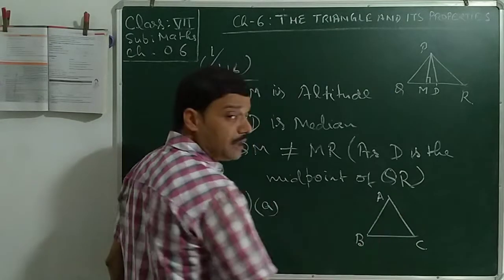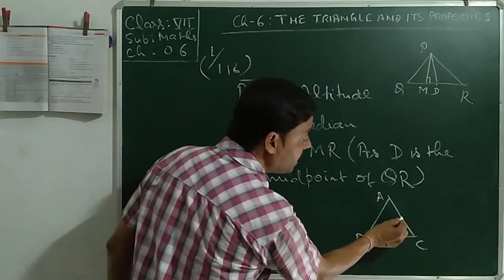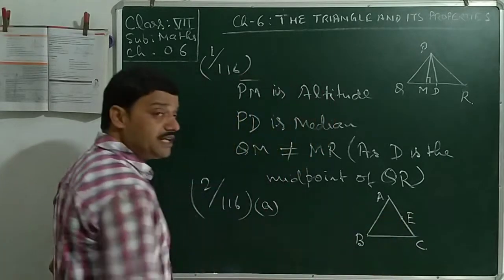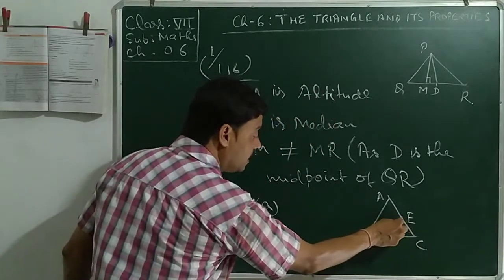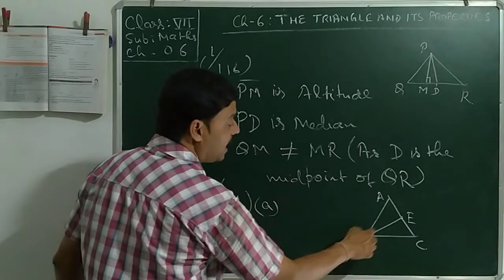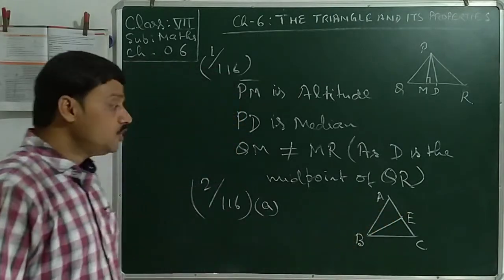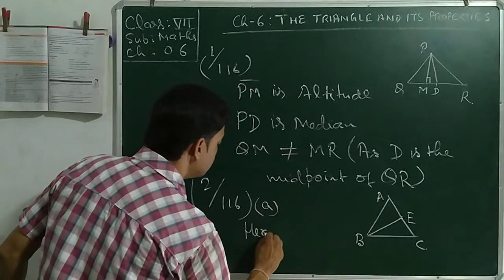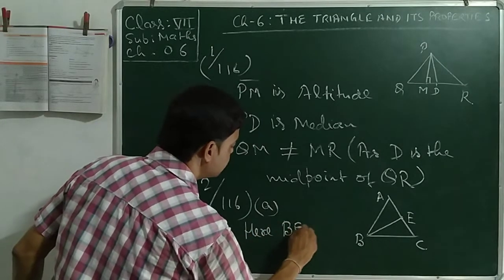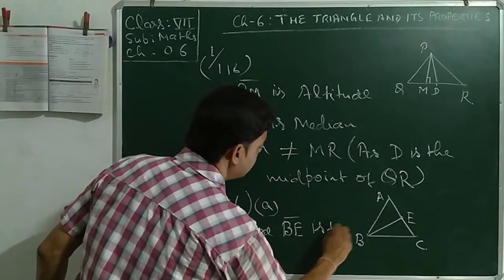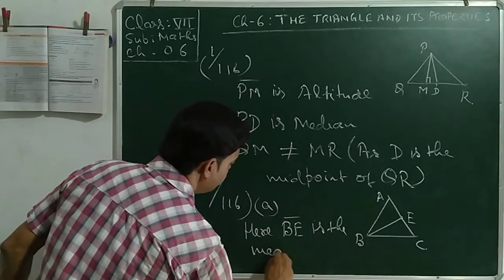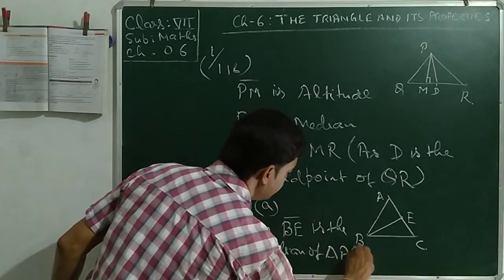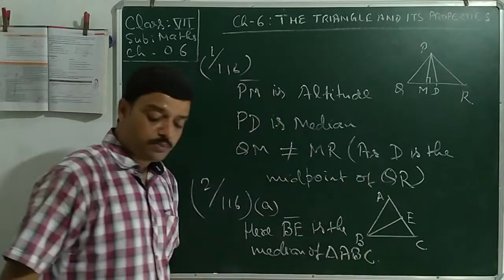To draw BE as median, let me take the point E in the middle of AC and join the line BE. You will get BE as median. Here BE is the median of triangle ABC. The first part it was.